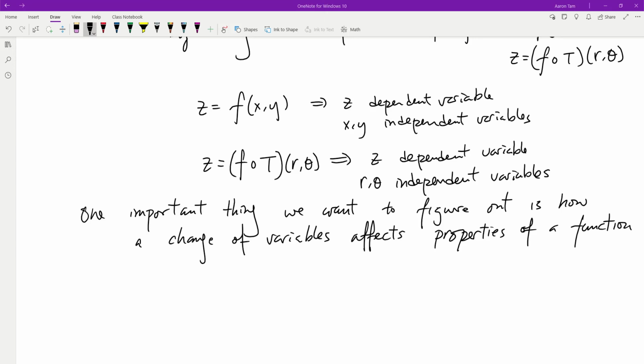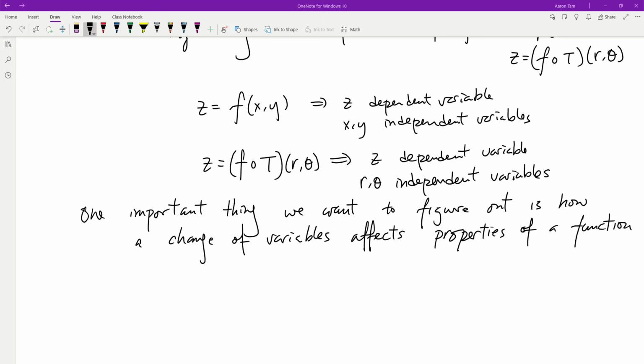So all this has a ripple effect that starts from changing the variable and radiates outward to other things involved. One of the things we want to figure out is what happens to those, and I think the most likely thing we try to figure out is how the derivative of the original variable relates to the derivative of the new variable.